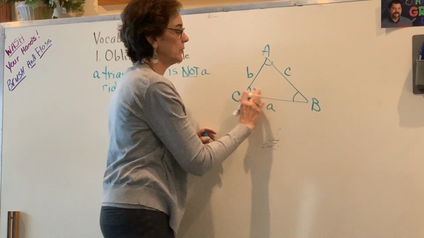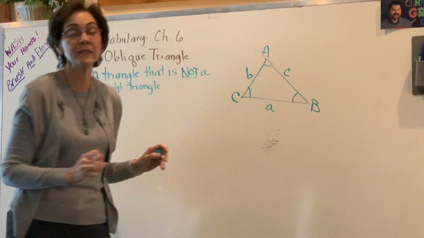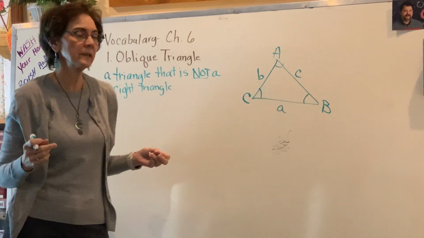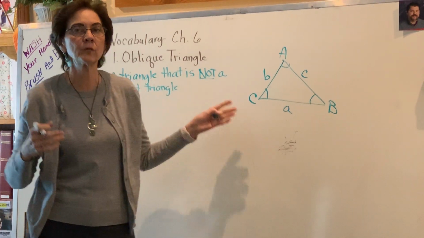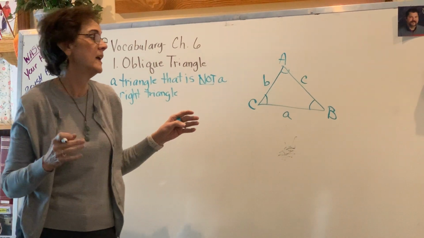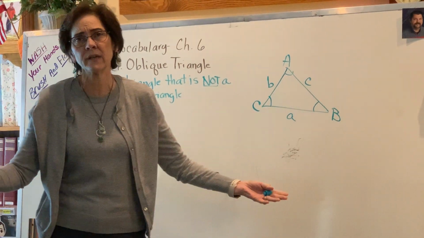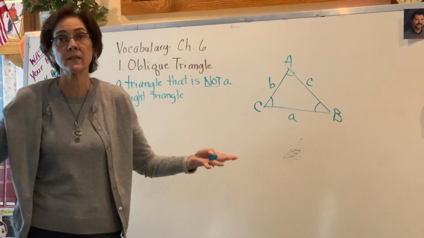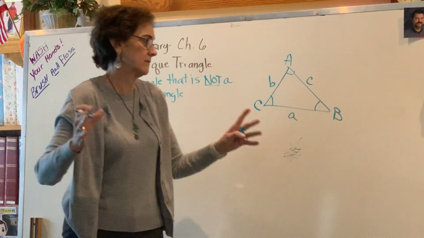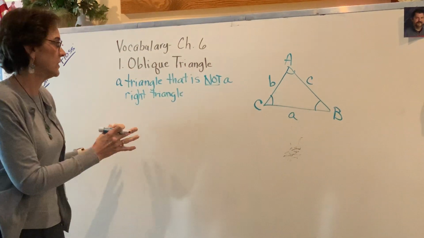So we still label them the same way we did a right triangle. Typically, we like to make a the smallest, b the middle side, and c the longest side, but it doesn't always end up happening that way. So don't worry about it if it doesn't. That sometimes happens, okay? So we're gonna solve this.